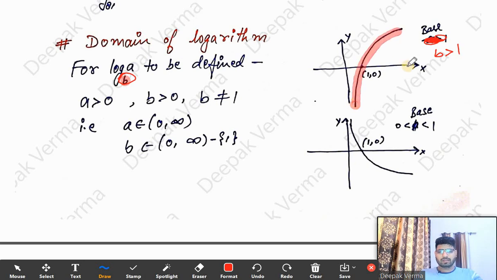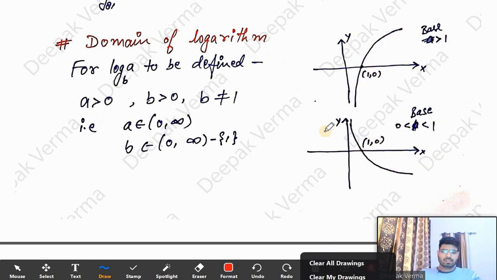Got it? The graph cuts the x-axis at the point (1, 0). And when the base is between 0 and 1, here the base is b. When b lies between 0 and 1, the graph is like this. This is a decreasing graph and this is an increasing graph. Again the graph cuts the x-axis at (1, 0).